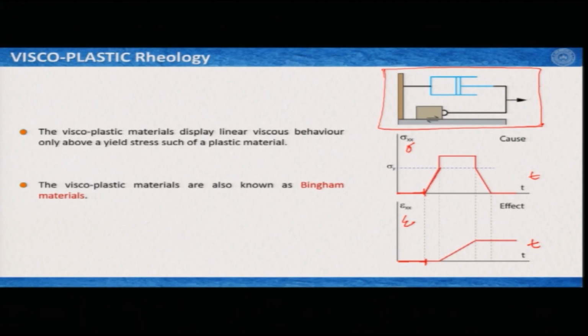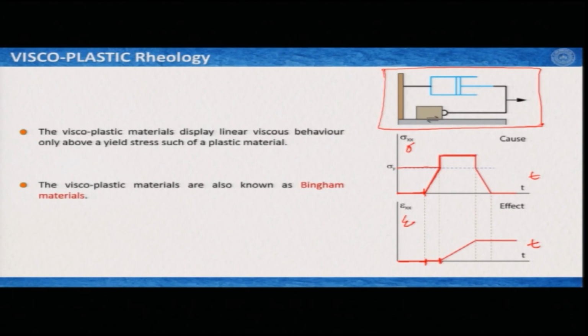Once I am applying this load, interestingly I cannot move the dash pot until I reach the yield of this friction block, right. So, there would be no deformation, no strain even if there is some sort of stress, and when I reach the yield stress, then I instantaneously move this spring block, and then stress goes this way, and then I leave the stress.